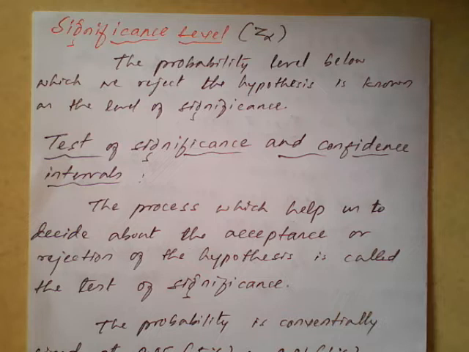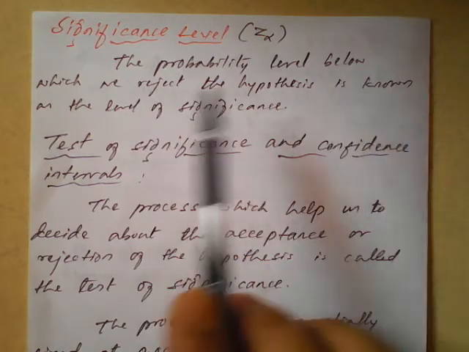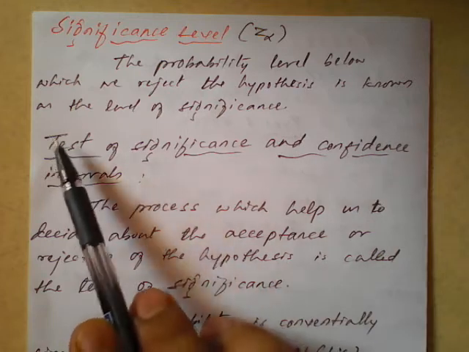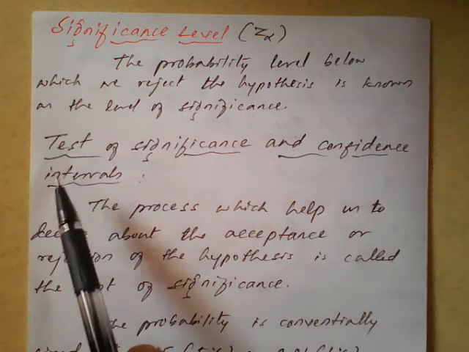If the given probability level is coming below or less than that value, then we can say that the given hypothesis is going to be rejected. So the probability level below which we reject the hypothesis is known as the level of significance.